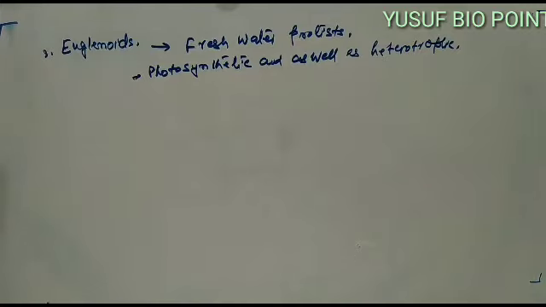It is considered as a plant because it can make its own food, and because it is also heterotrophic in nature in the absence of sunlight, it is also considered an animal. So it is a link between plants and animals.